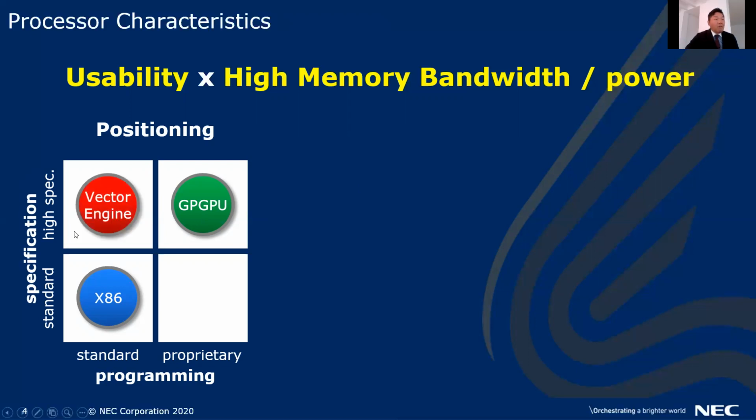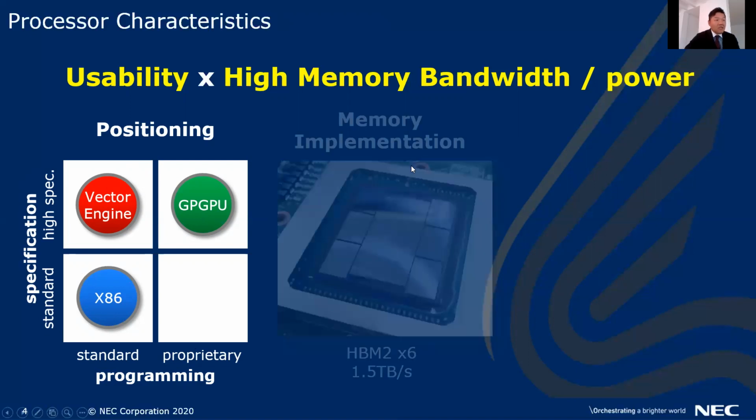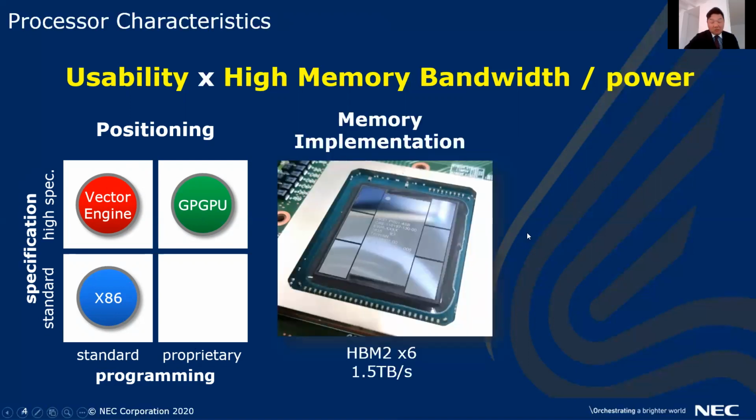Then our vector engine target is here. Very high specification can be used with a standard language. This is a very important point of our architecture. The high specification is memory bandwidth, 1.5 terabytes per second, which is provided by 6 HBM2 memory implementations.